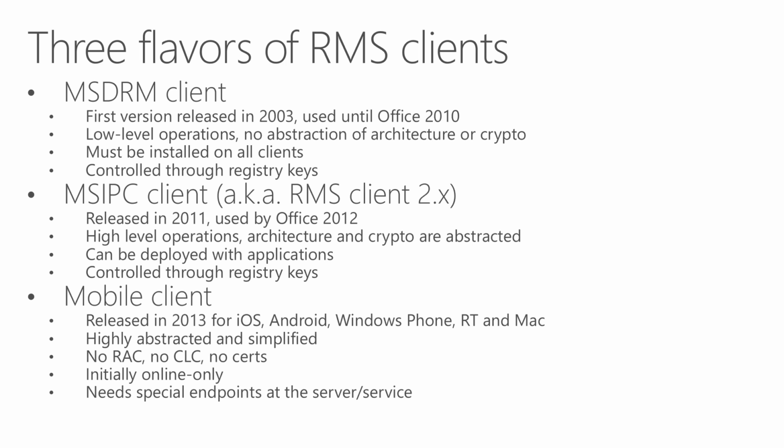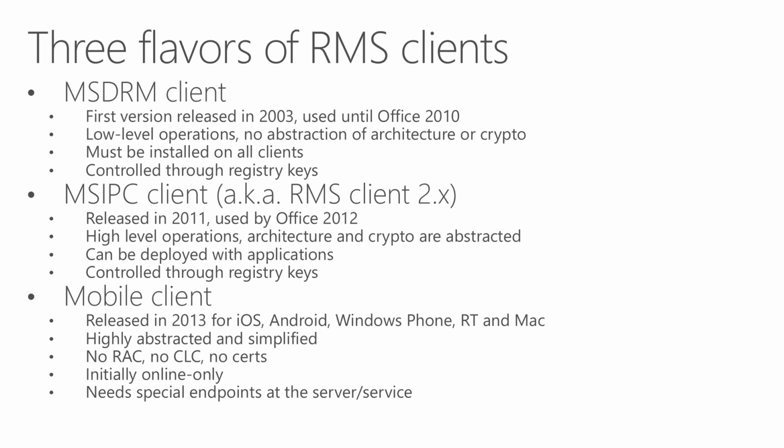We have three versions of the client. The first one is very legacy, from before Office 2010. So if we do use this on Office 2010, you do need a couple of additional configurations. And the MSIPC, which you can see from the folder where I cleared the caches, is the current version of the IMS client for the Windows operating system.